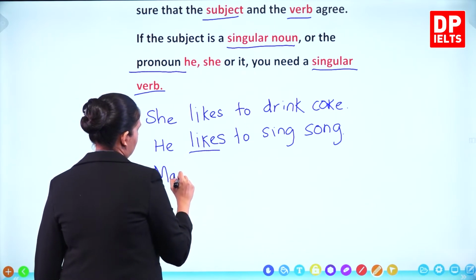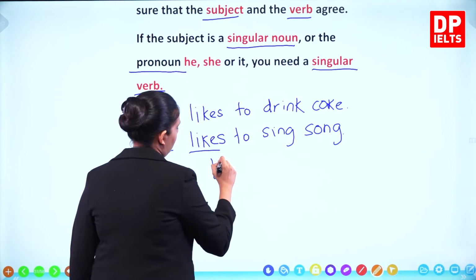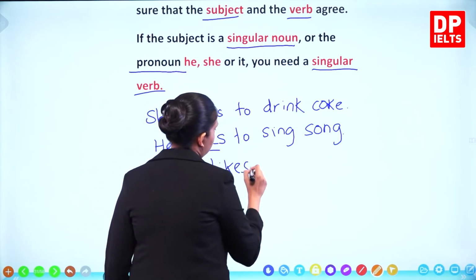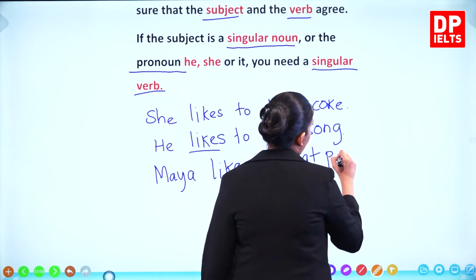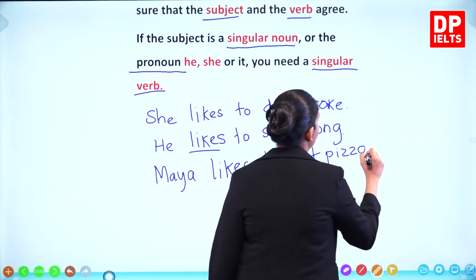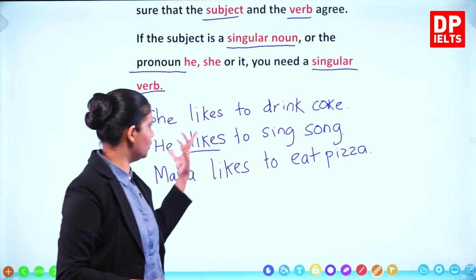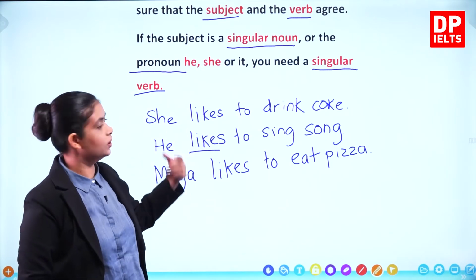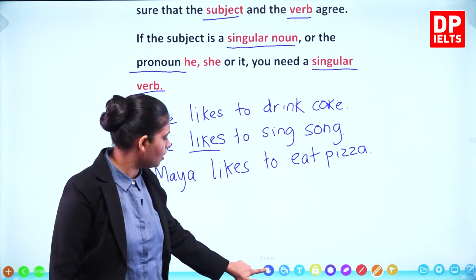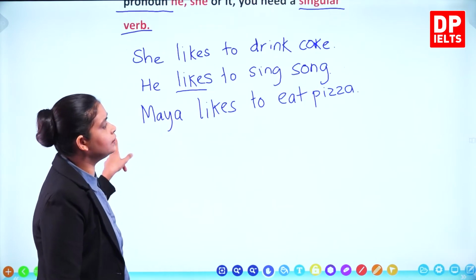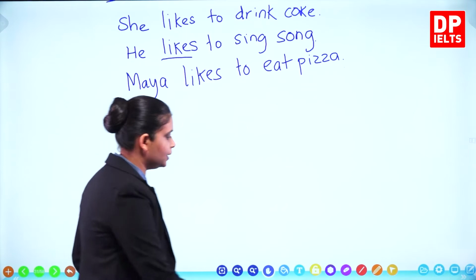Maya likes to eat pizza. Singular should come with a singular verb. Right? What if it is plural? So very simple, right?